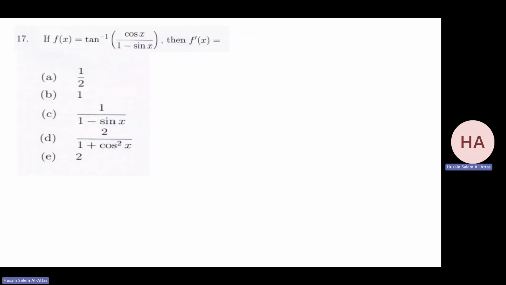Yeah, tan inverse of cosine x over 1 minus sine x. I'll find f prime. It will be 1 over 1 plus (cosine x over 1 minus sine x) squared, times the derivative of this. What's the derivative of the numerator?